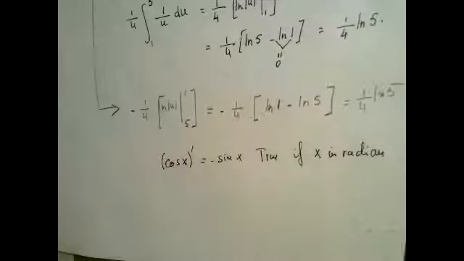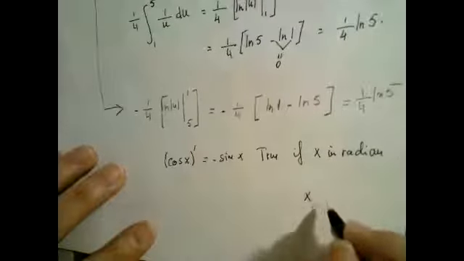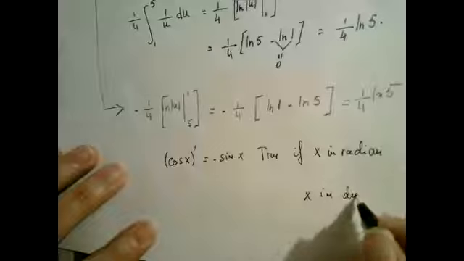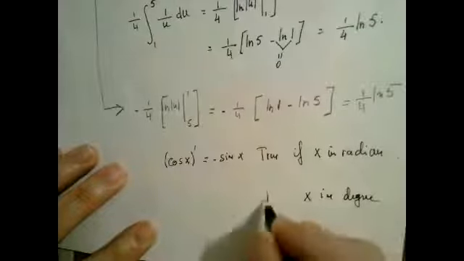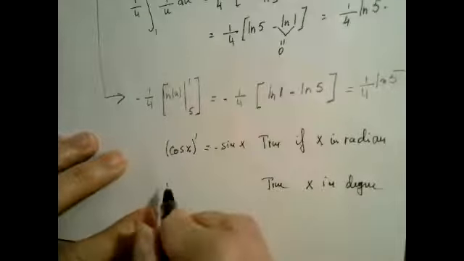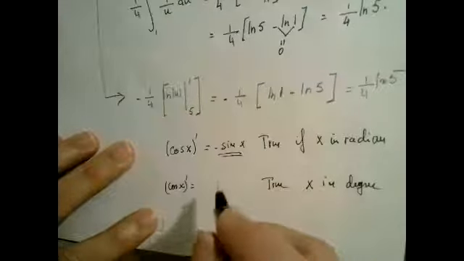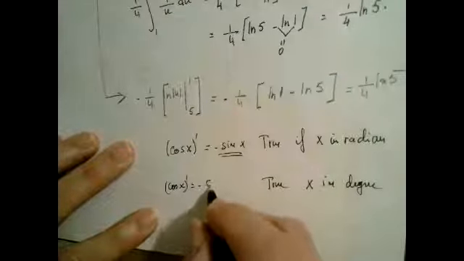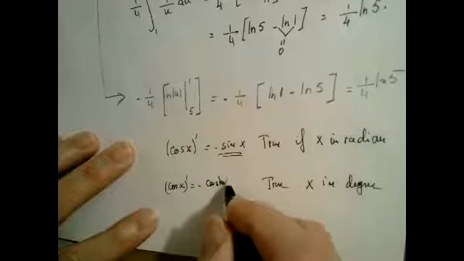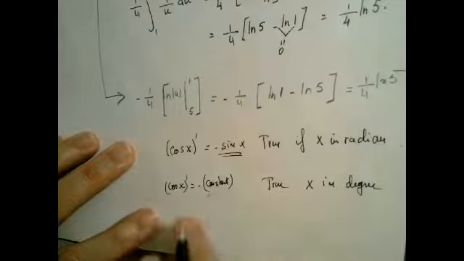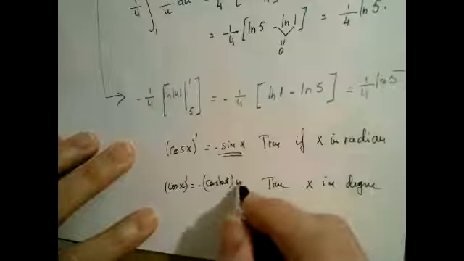I don't want to confuse you, but I want to make sure that you know that in calculus, if x is in degrees, the derivative of cosine is not quite a sine. There is a constant here. I forgot exactly what it is, it's like 0.87. It's a constant times the sine.